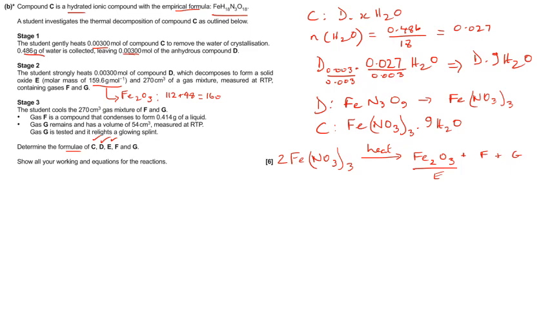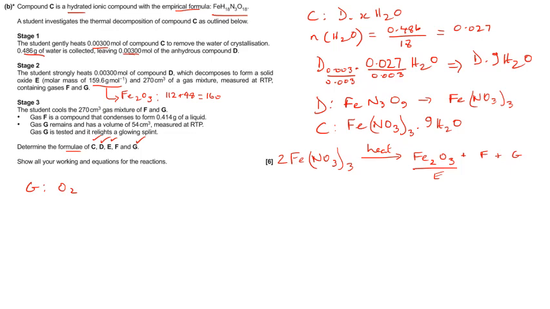Gas G remains a gas, and we're given 54. Gas G relights a glowing splint, so G is oxygen because of the lighted splint. And so the remaining gas to identify is F.